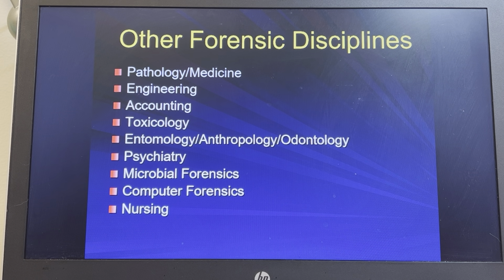Anthropology is looking at bones. So think of skeletonized remains, to try to figure out who that person is and how long they have been deceased. And then odontology is another term for forensic dentistry. So think of when someone has been badly burned in a fire and they have to use dental records to identify them. That's an example of when that would be used.